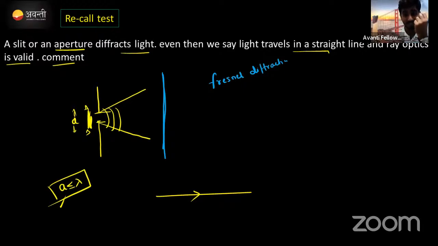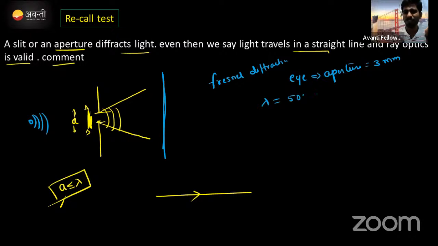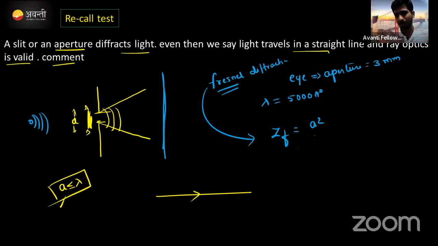The eye's aperture will be around 3 millimeter, that small. Just take an example: light coming from the source has a wavelength of 5000 angstrom. The distance covered, by using Fresnel diffraction, ZF will be equal to a square by lambda. Just put the values here.